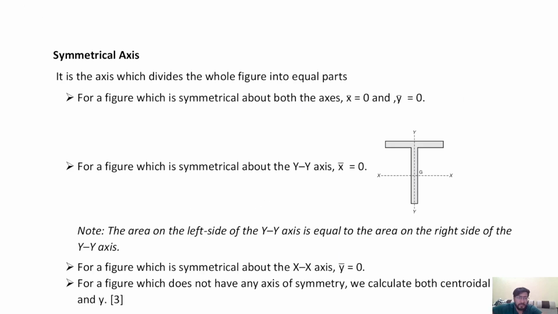After knowing the reference axis, we have to know the symmetrical axis. A symmetrical axis is the axis which divides the whole figure into equal parts.